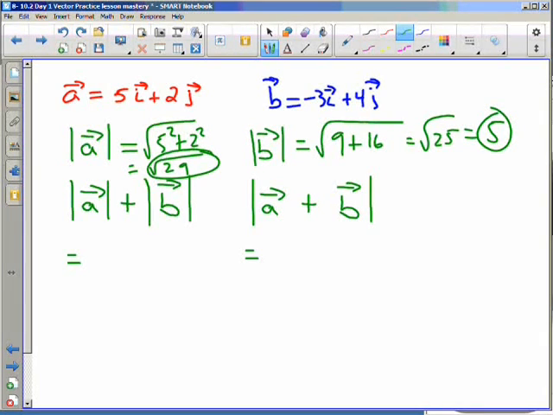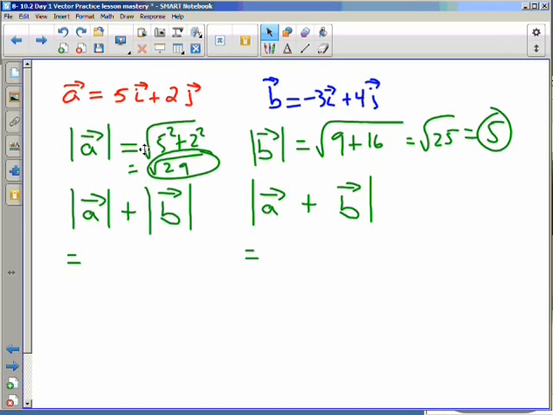Now when we look at these two examples, where we have the magnitudes of individual vectors added together versus the vectors added and then the magnitude, you're dealing with a slightly different order of operations. So let's take a look at this one on the left here. The magnitude of A, we just figured out, is the square root of 29.